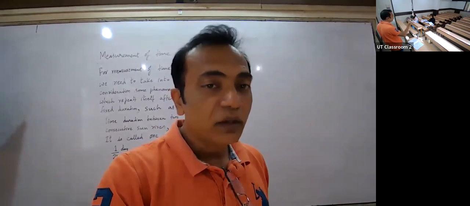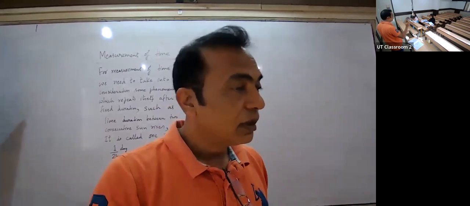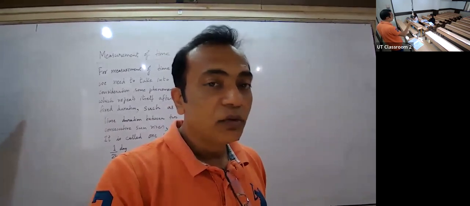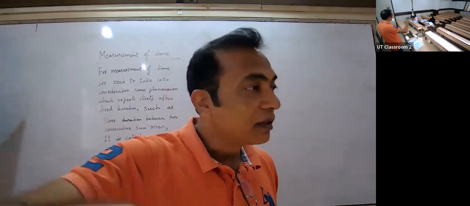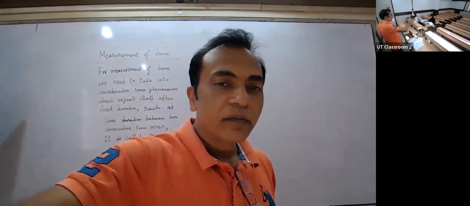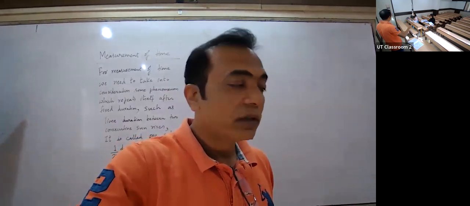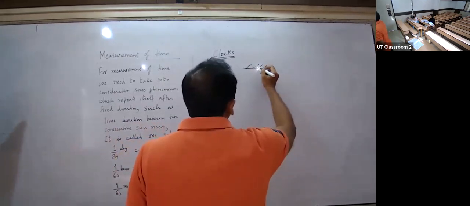The time taken to complete one oscillation is the same. So we will use this kind of thing to measure time. This is an event. Let's say I start from here, and this is our simple pendulum.